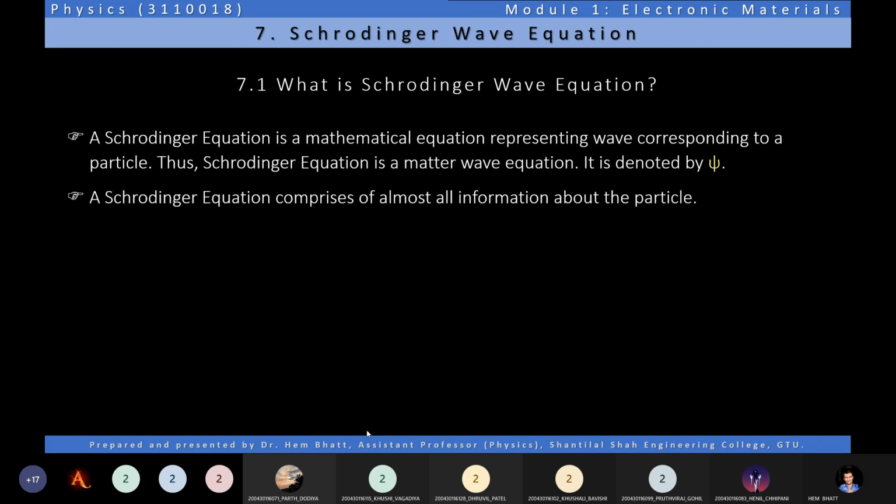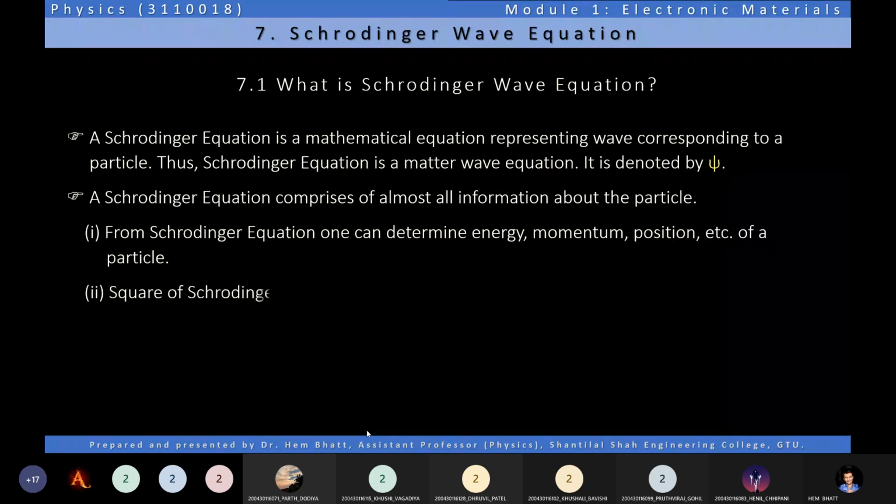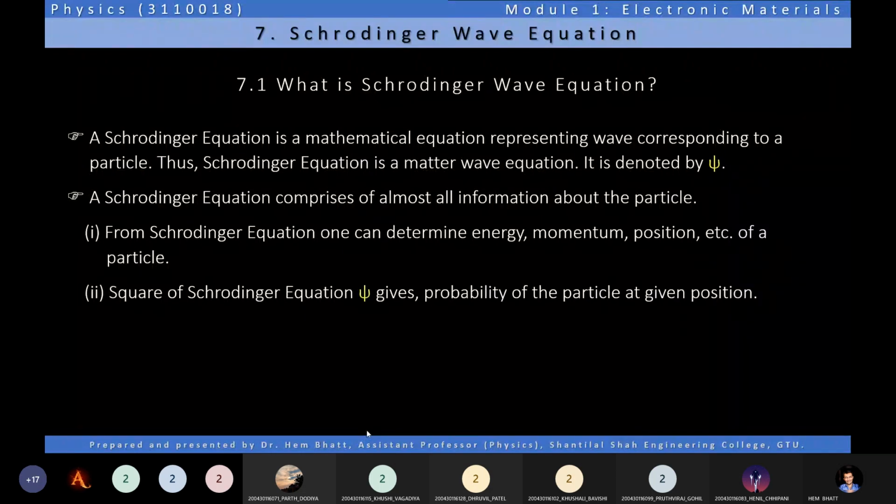You can find out position or momentum or energy kind of property of any particle. And if you take square of psi, you will get probability of finding particle at given position. Probability is of finding particle at given position, right? So this is question 1. Take screenshot. આનો એક screenshot લઈ લ્યો.